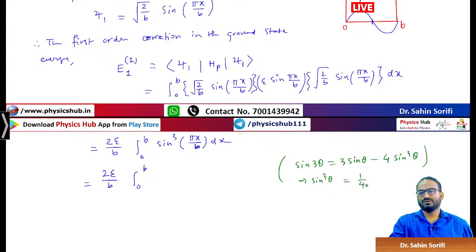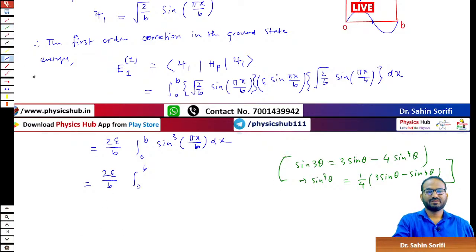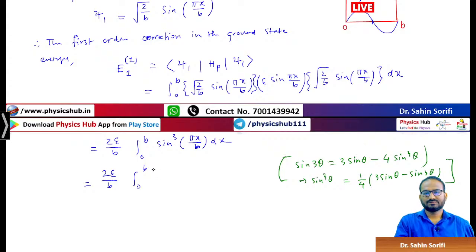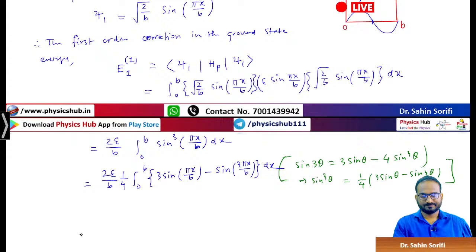It is 1 by 4 times 3 sine theta minus sine 3 theta. So you are going to use the same formula here: 1 by 4, 3 sine theta, where theta is pi x by B, minus sine 3 pi x by B, dx.